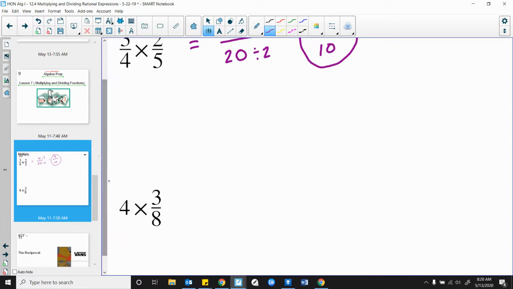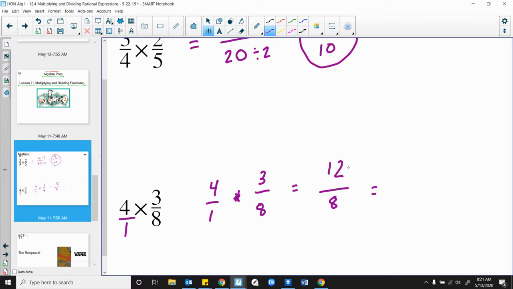Same thing again here, except I have a 4. You have to remember that 4, if it's just a whole number like that, I can write with a denominator of 1. So I have 4 over 1 times 3 over 8. I don't need a common denominator because I'm multiplying, so I take the top times the top, which is 12, and the bottom times the bottom, which is 8.